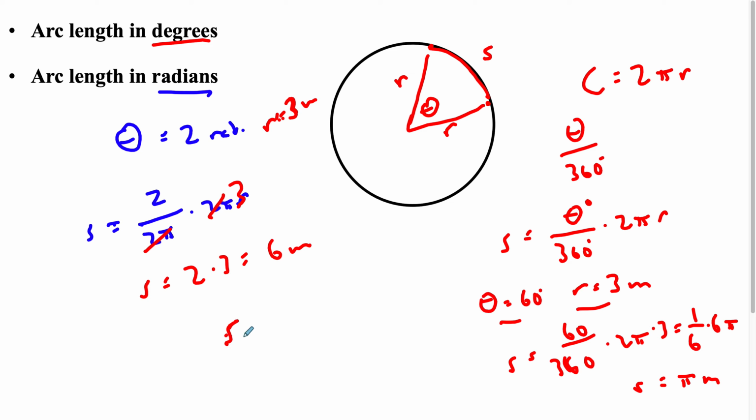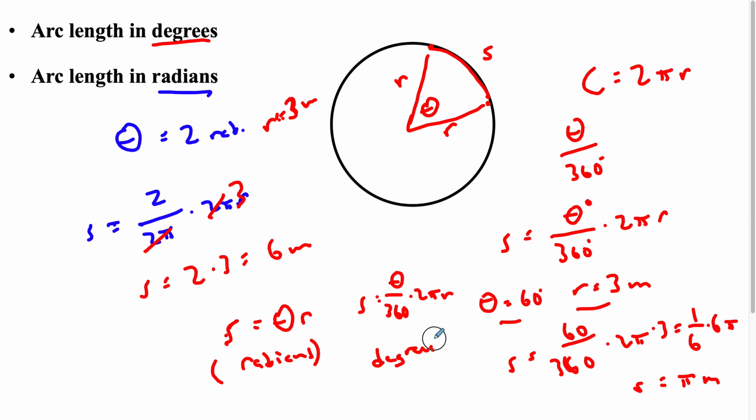This means when we're talking radians, because we just have the angle, we don't need to worry about the 2 pi's. In radians, this is what the arc length would be, versus in degrees, this is what the arc length would be, okay?